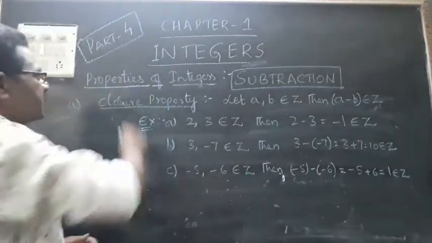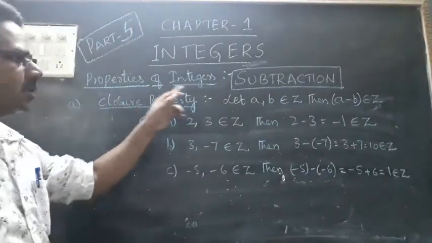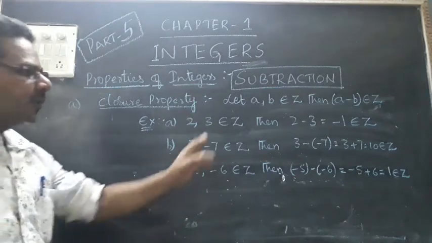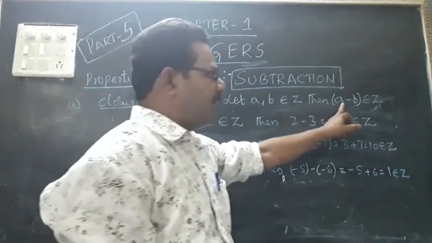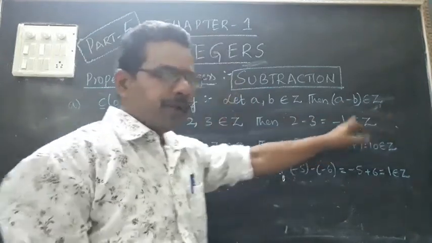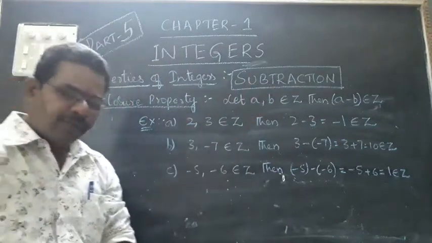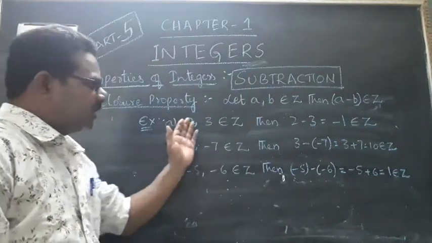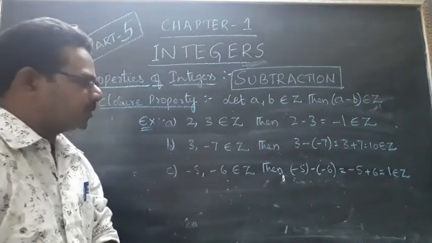So closure property: if you take any two integers, a and b, then a minus b also belongs to the set of integers. Then we can say this property is following under subtraction. So we will check whether these integers are following the closure property under subtraction or not.